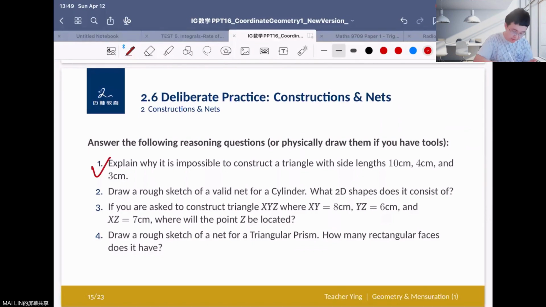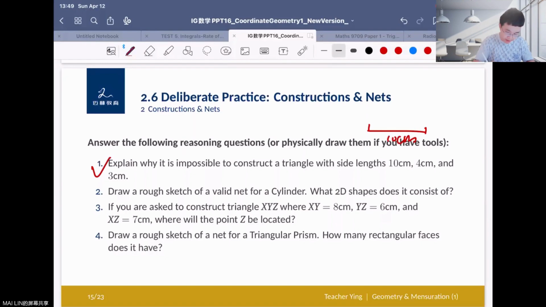Problem one: explain why it is impossible to construct a triangle with side lengths 10 centimeter, 4 centimeter, and 3 centimeter. We use the same method: we draw the longest line, 10 centimeter, and then try to draw 4 centimeter and 3 centimeter.